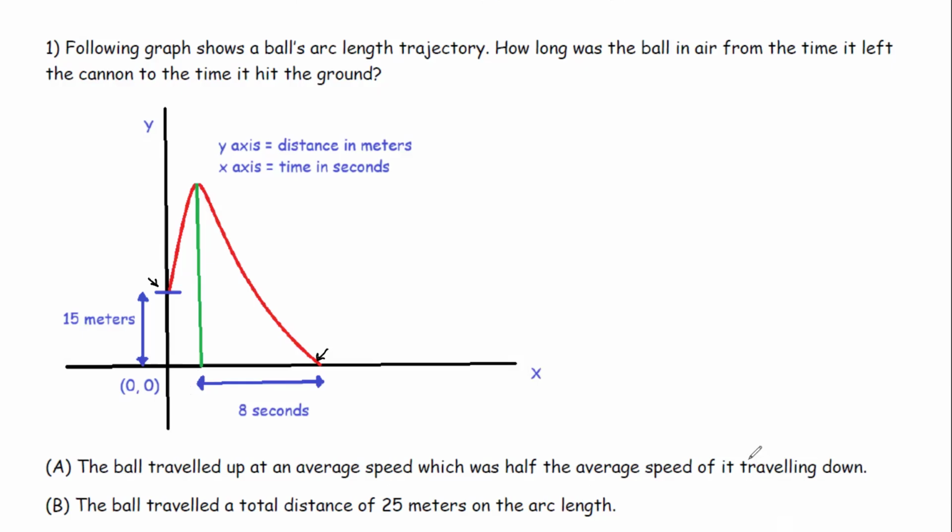So if this is speed s, then this will be half the speed of s. Remember the logic that speed is proportional to the distance, so the more the speed, the more distance covered. And speed is inversely proportional to the time.